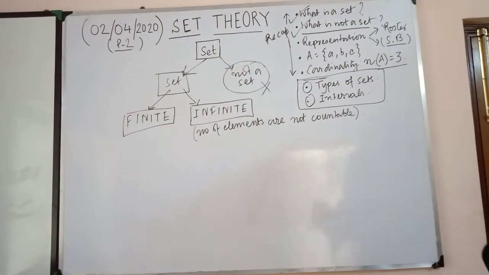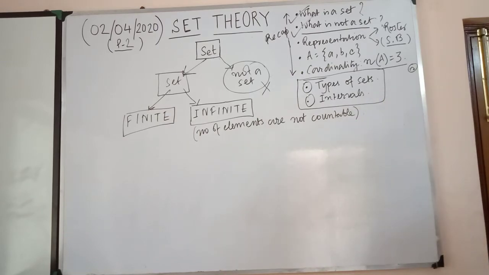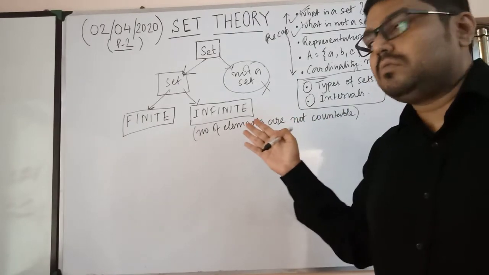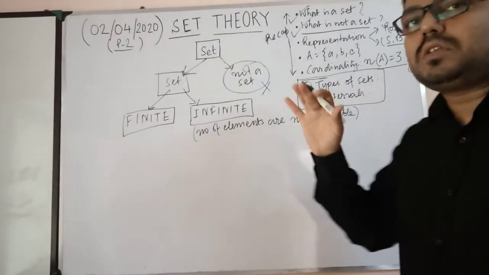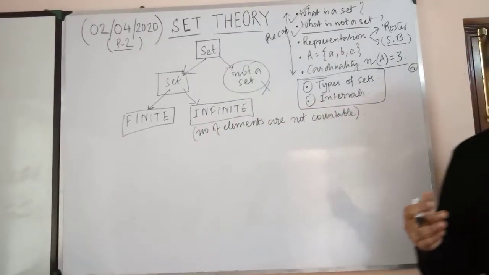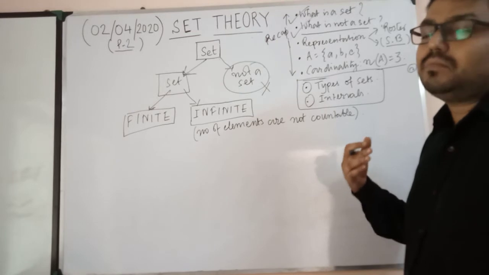Now I want you to understand that there is a very fine difference between an infinite set and not a set. If the elements cannot be counted, please stop thinking that it is not a set. It might happen that it is a set and the number of elements is infinite.